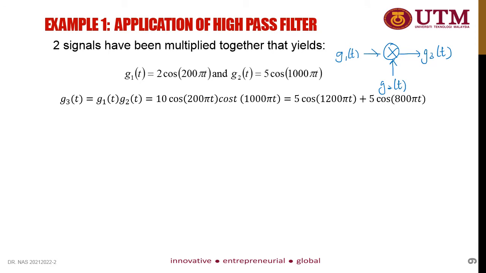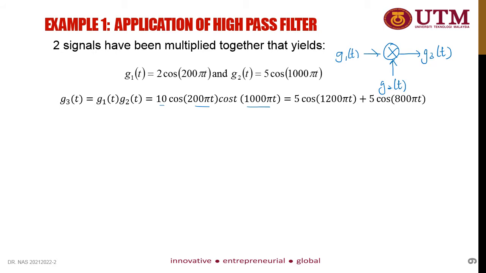Okay, so when you multiply both signals in time domain, you have 2 multiplied with 5 is 10 cos 200 pi t and cos 1000 pi t. So when you use trigonometric identities, you get 5 cos 1200 pi t plus 5 cos 800 pi t as G3. So this is the output signal in time domain.